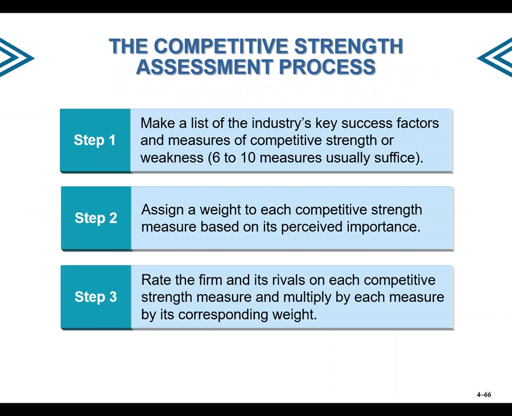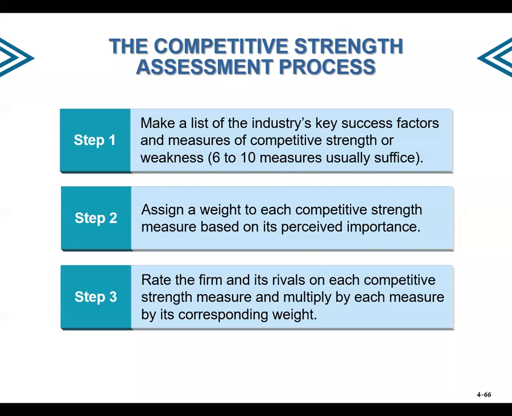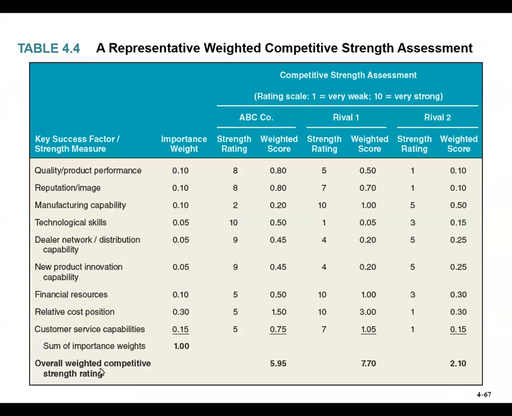So for competitive strengths, we can list our key success factors. Remember we talked about different characteristics that we value, and then we look at our competitors and give them different weights. So this is the result. We are comparing our company ABC with rival 1 and rival 2, and we listed several key success factors.